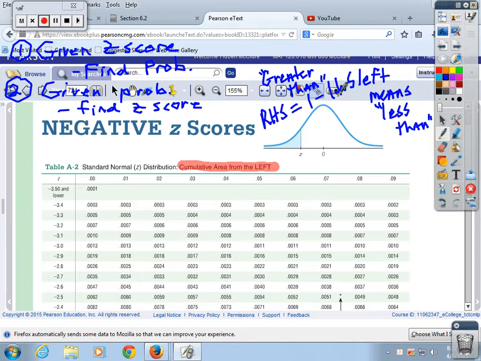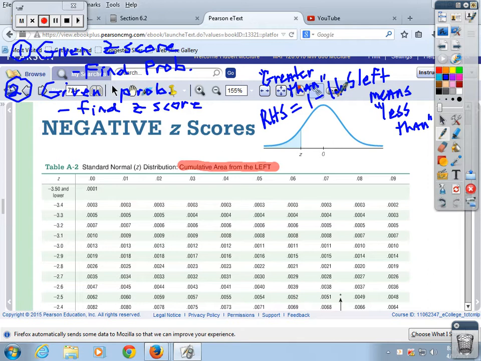And you need to write that down because sometimes the problem may ask for greater than the z-score of 1.5 or greater than a probability of 95%.